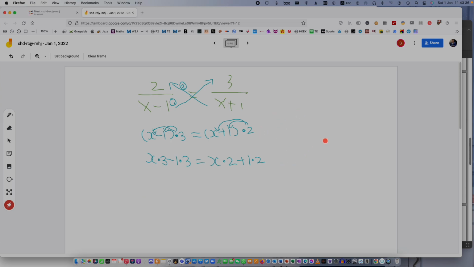Simplify. When you have x3, you should write it as 3x. Always write a number first.